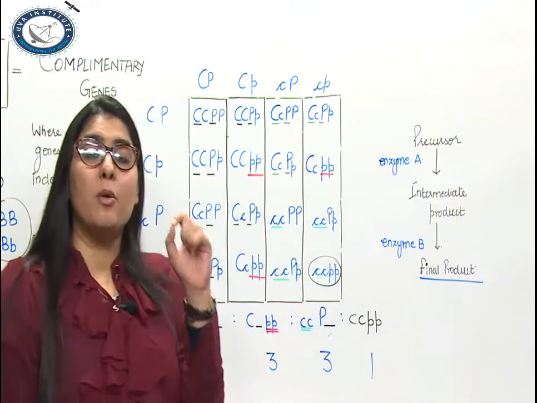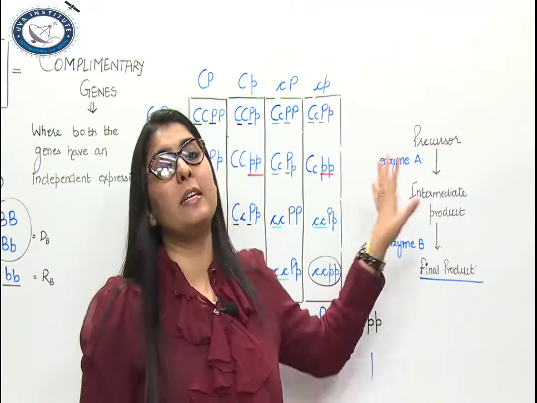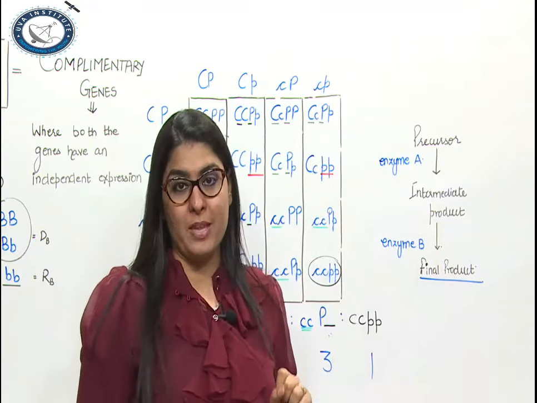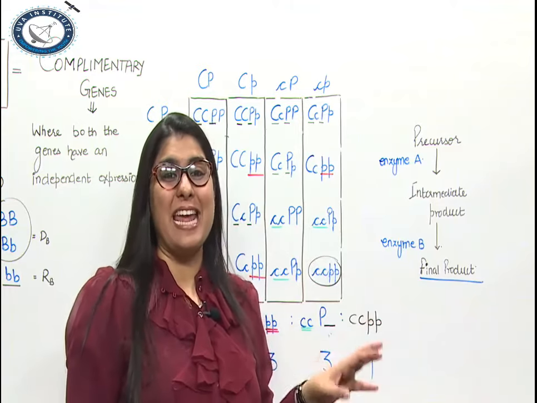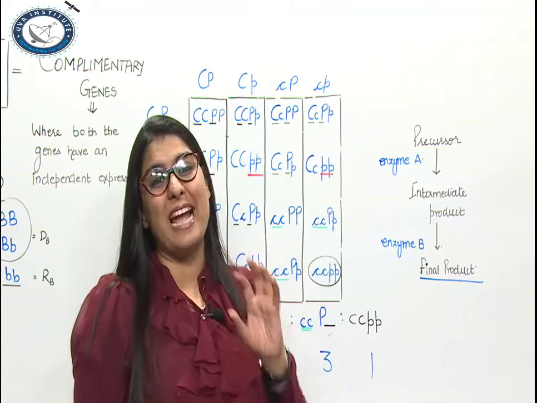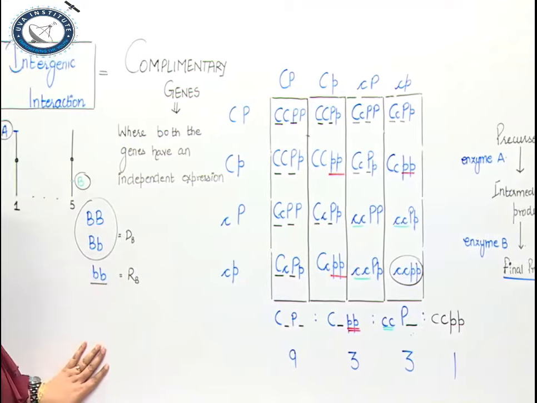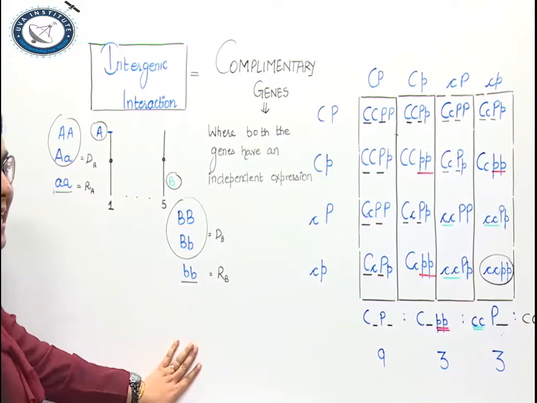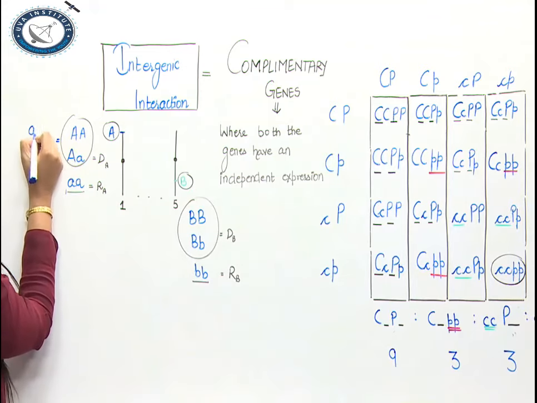That means I need both the enzymes in the active form for the final product to be formed, and hence the individual having these genes A and B should have both the genes in the dominant form to give me the active product. Genes A and B gave me the active enzyme only when they were present in the dominant form.